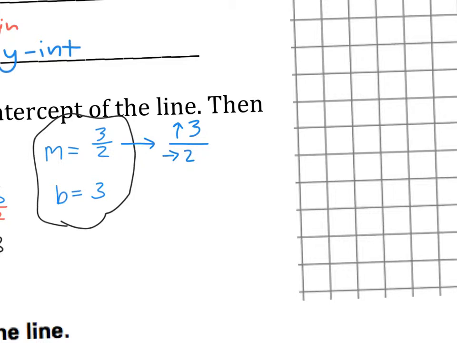However, you could translate that to be down 3 and left 2. Why did I do that? Well, down is negative and left is negative. So a double negative is still positive. So 3 over 2 can be interpreted as positives or as both negative.